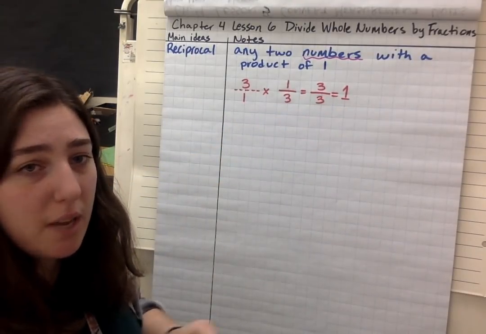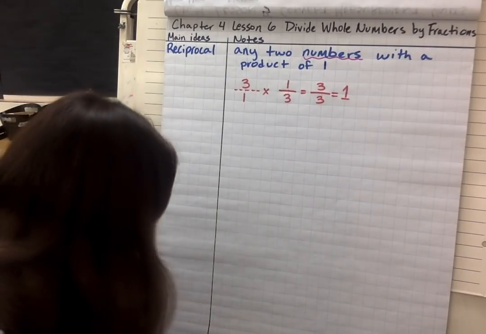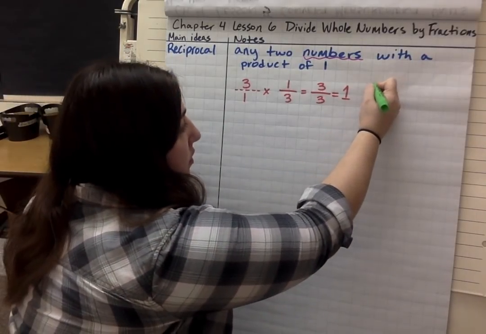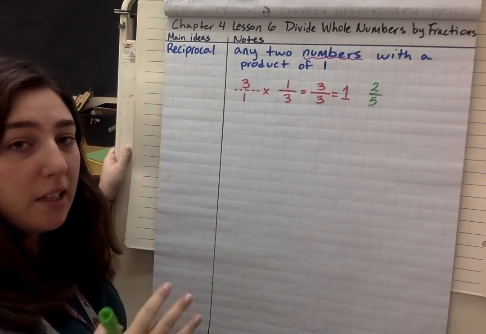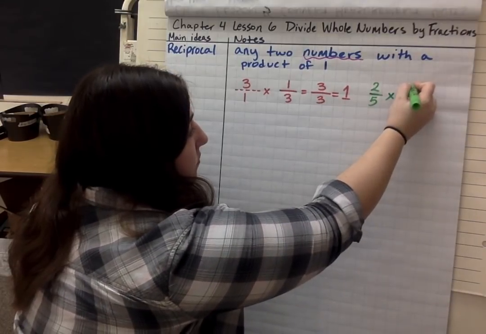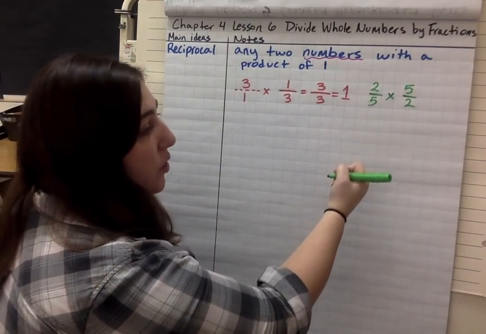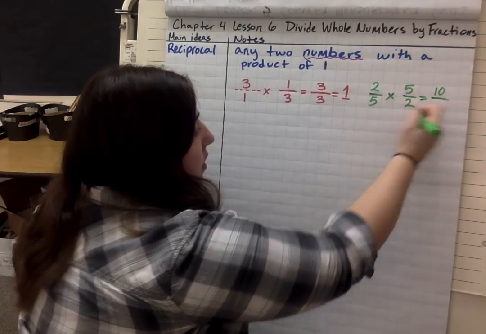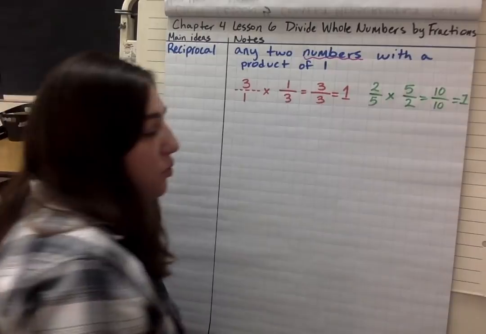Okay, let's do one more example just to get a better grasp of this. How about 2/5? Okay, and I need to get a product of 1, so I'm going to multiply it by 5 over 2. So then 2 times 5 is 10, and 5 times 2 is 10, which is 1.